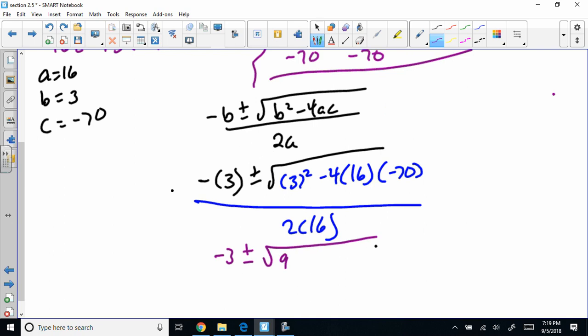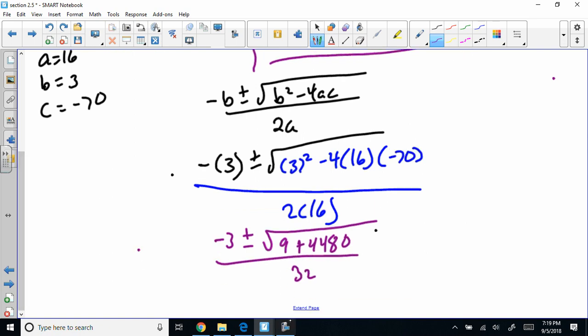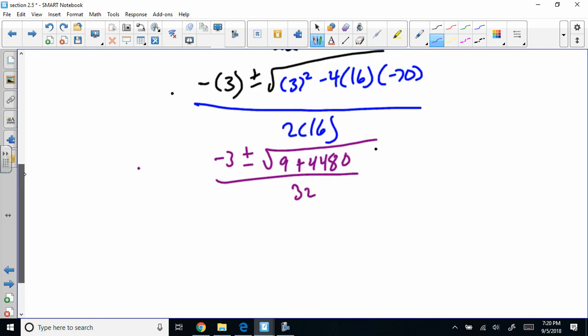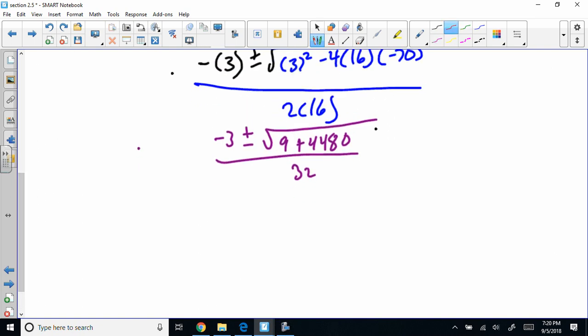That's 9. Negative 4 times 16 times negative 70 is plus 4,480. All over 32, okay with that? And then that's 4,489 over 32. That's everything over 32, right?